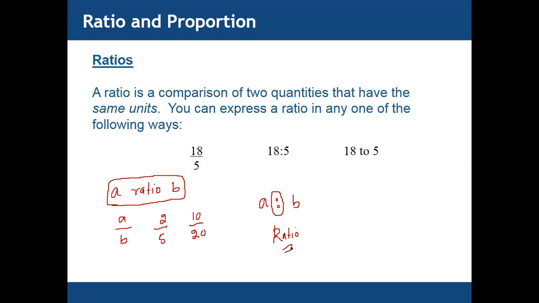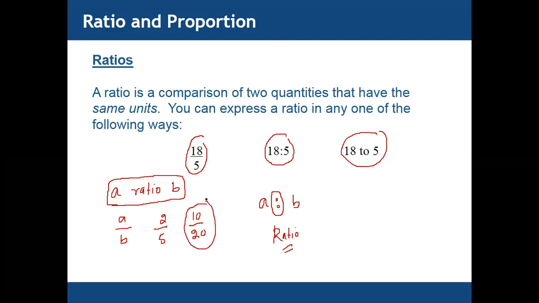Comparison of two things. So you can write 18 out of 5. This is a ratio comparison. You can write 18:5 or 18 to 5. But these ratios should be in simplest form. For example, if we are given 10 divided by 20, this is not in simplest form.